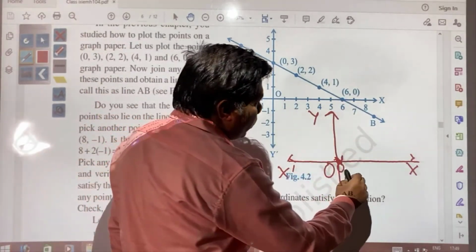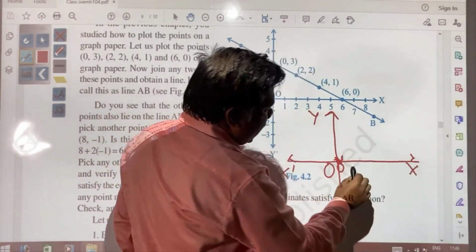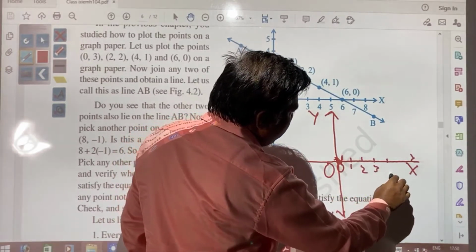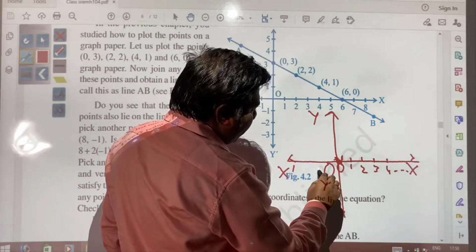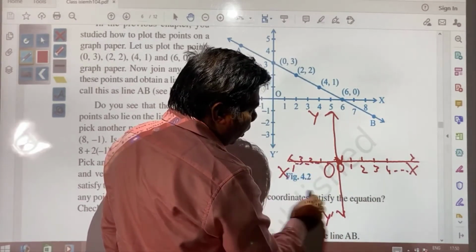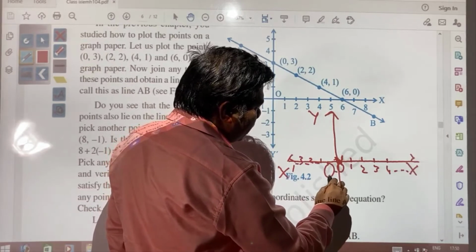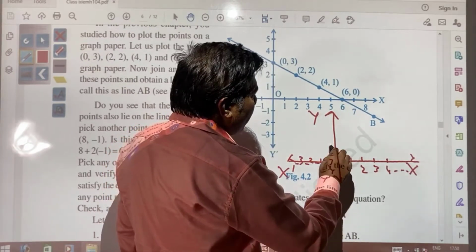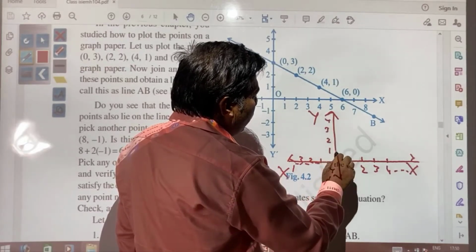So here you need to assume positive numbers on the right side: 1, 2, 3, 4 and so on. Negative numbers: -1, -2, -3, -4. Here 1, 2, 3, 4 and so on are positive numbers.